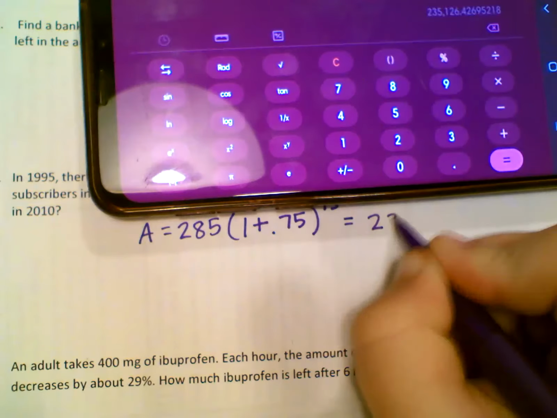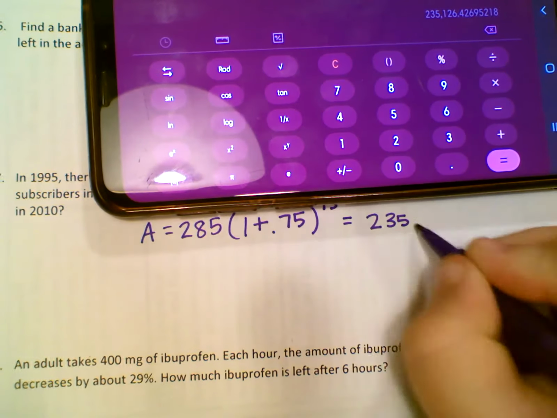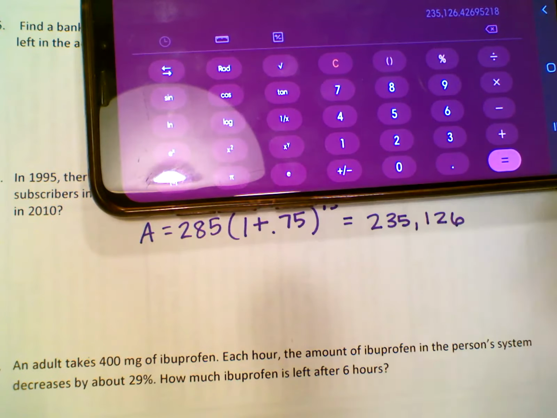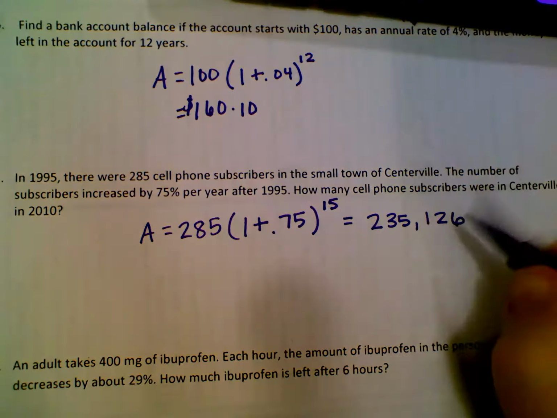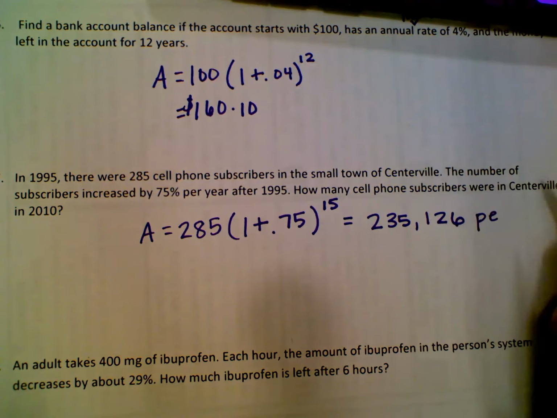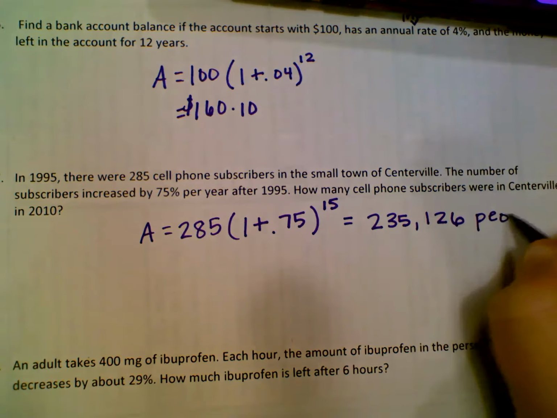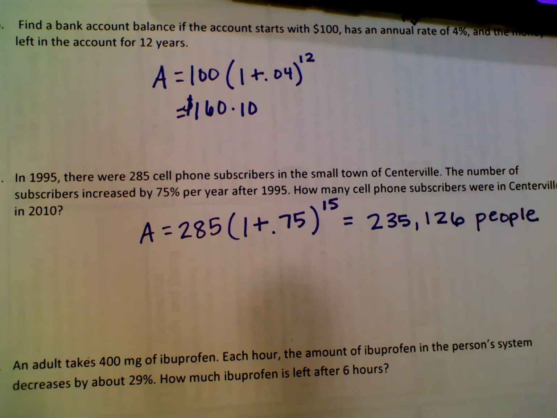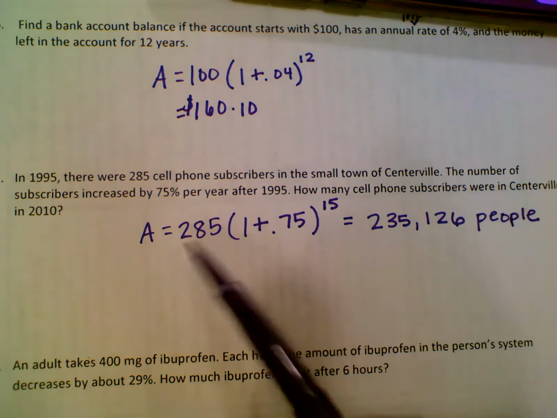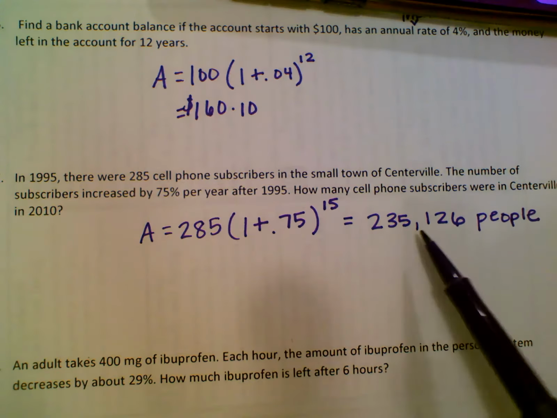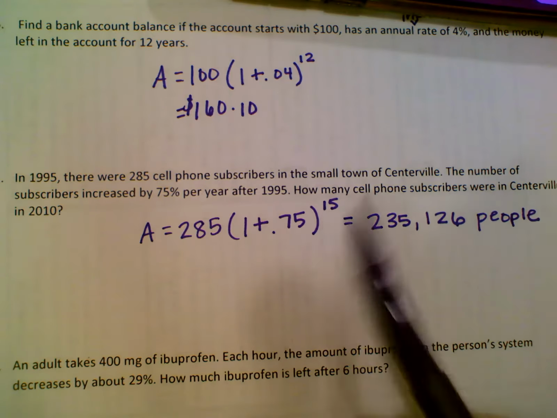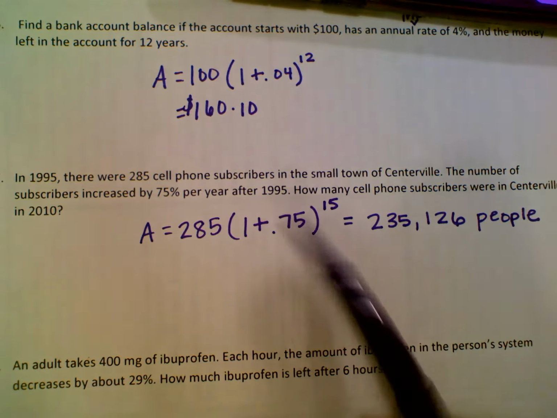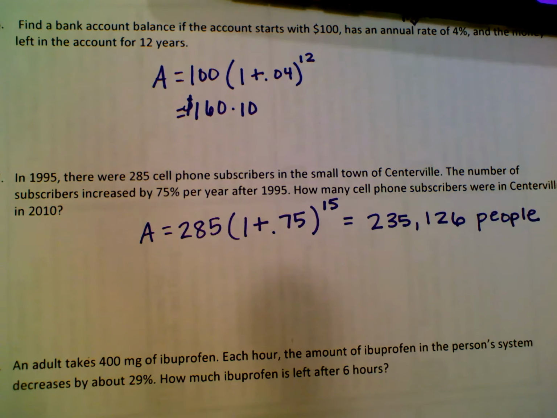Since we're talking about people here, you can go ahead and round it to the whole number, right? It wouldn't make sense to have a 0.4 of a subscriber. But yeah, we went from 285 to 235,000 in 15 years, which is quite a bit of time, but we had a very strong growth percent there. So I would kind of expect that to happen.